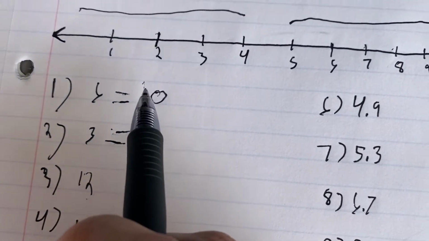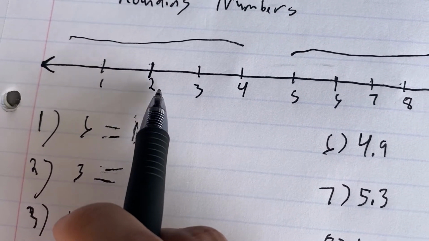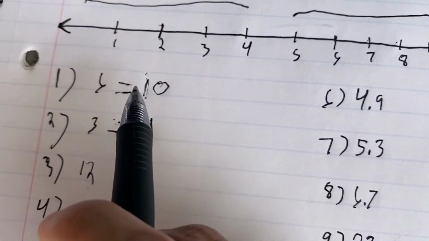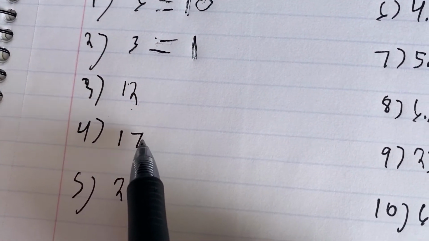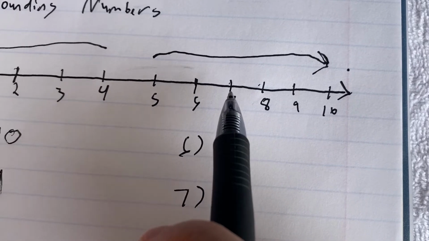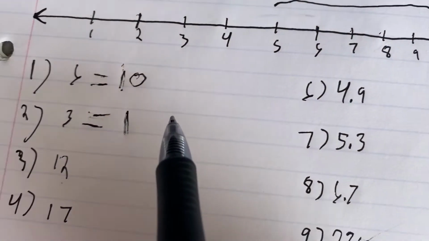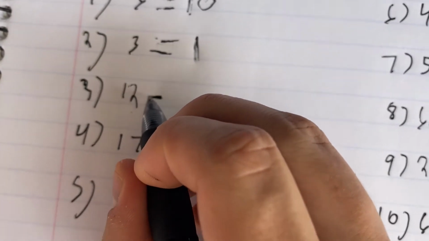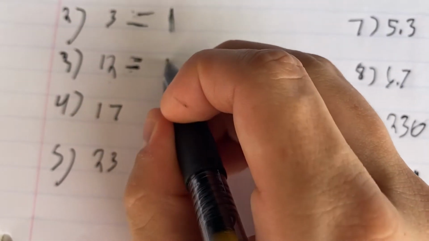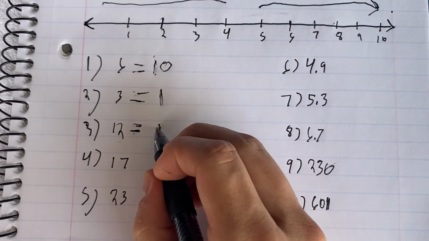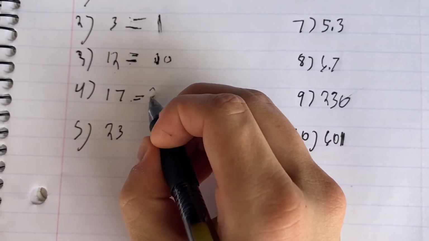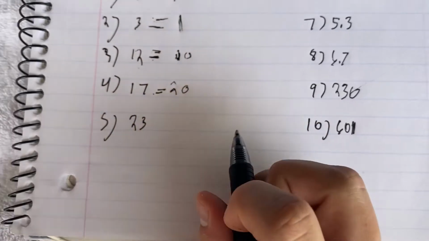Since we passed 10, this is considered 10. And if it was 17 here, since the last number is 7, we would go up to 20. So this would be 10, while this would be 20.